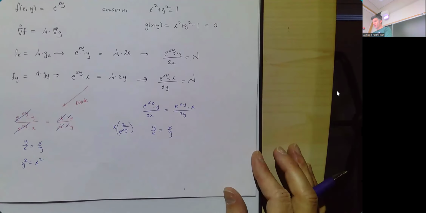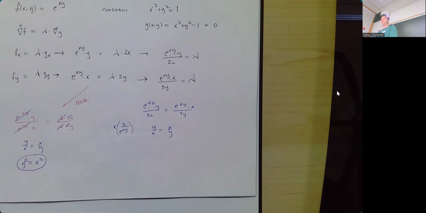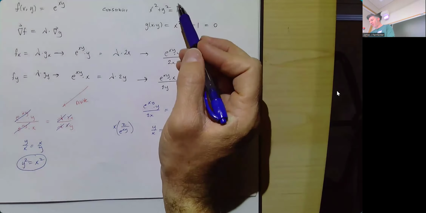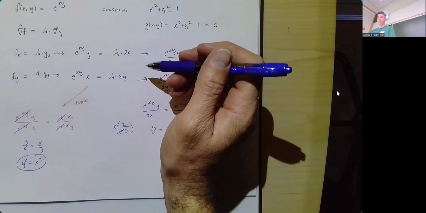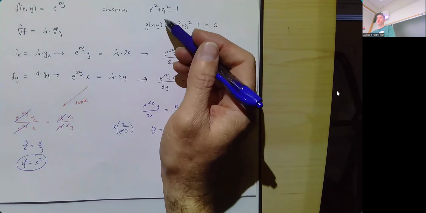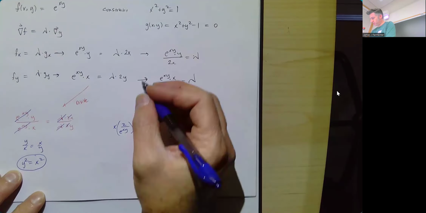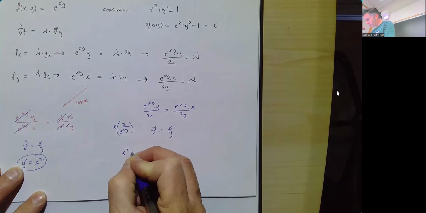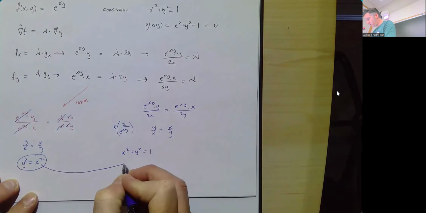So now that I've got y squared equal to x squared, I don't actually want to write y equals plus or minus x, or x equals plus or minus y. The reason I don't is because I don't have just x or just y in my equation, so I don't need to. If I did have something like x equals y minus 3, then I would. But here I'm just going to take my equation, x squared plus y squared equal to 1, and replace y squared with x squared.